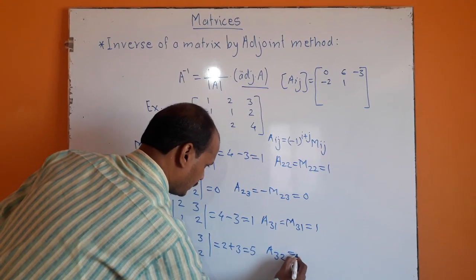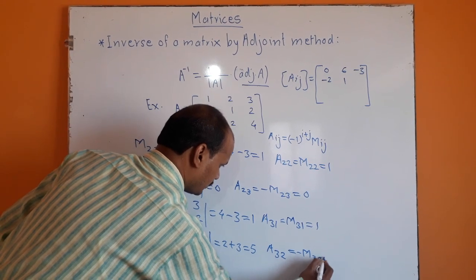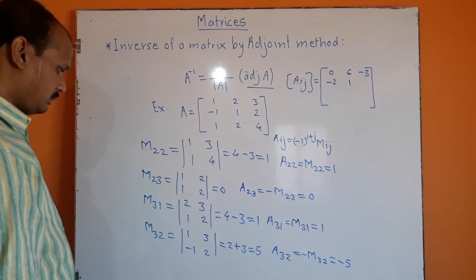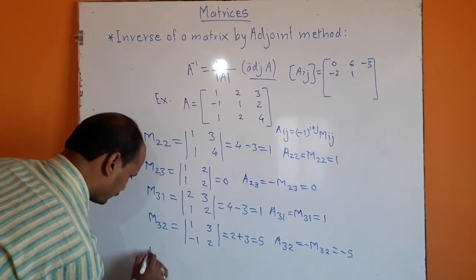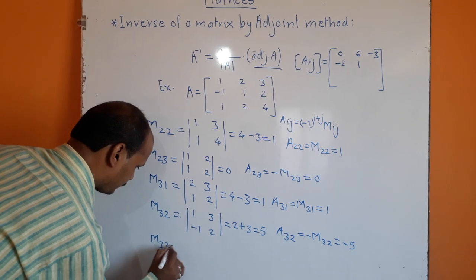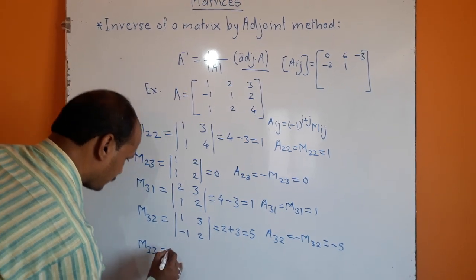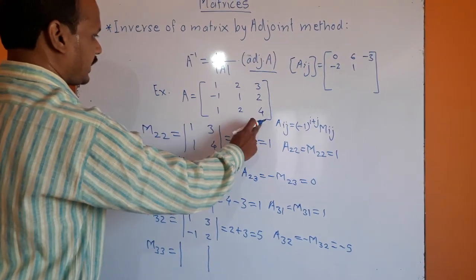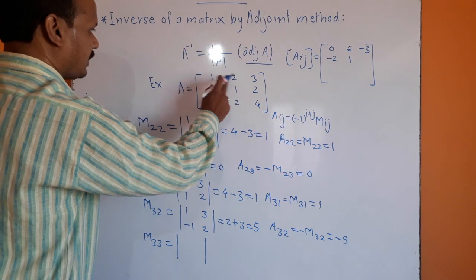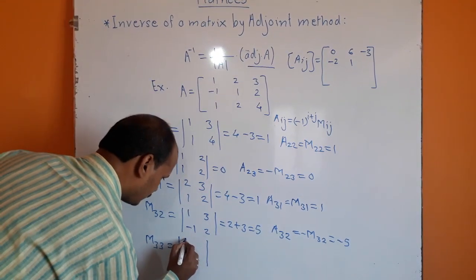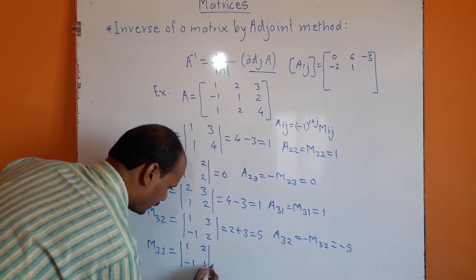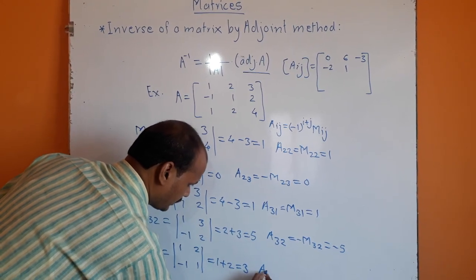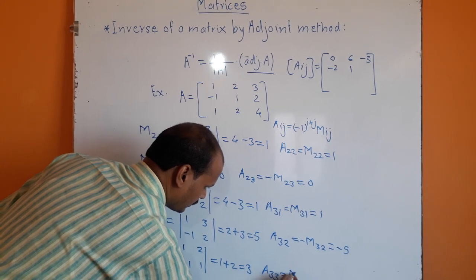A32 is equal to minus M32, equal to minus 5. Lastly, M33, striking off the third row and third column, we get determinant [1 2; minus 1 1], which is 1 plus 2, equal to 3. A33 equals M33.